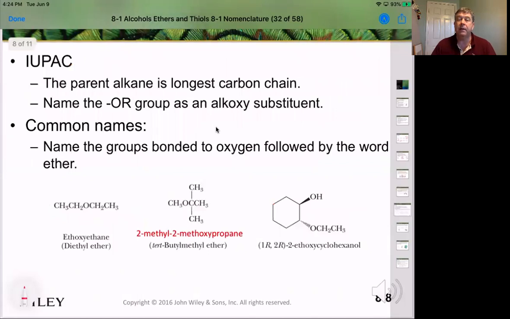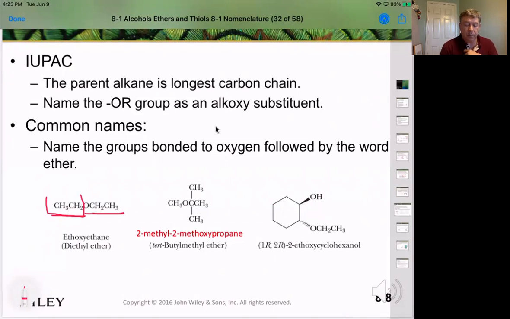When we name ethers, we actually name the longest parent chain that goes up to where the oxygen bond is, and then the oxygen and the shorter chain is named as a substituent. The name ether does not change it in our IUPAC rules. However, we do use it in common names. So in the case of this right here, we have an ethyl group plus a substituent.